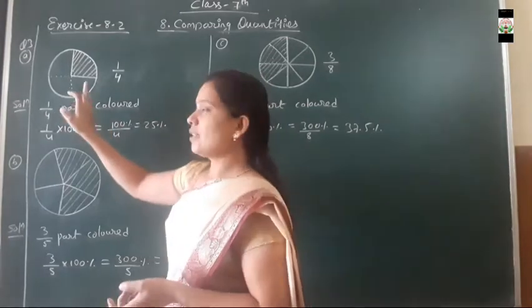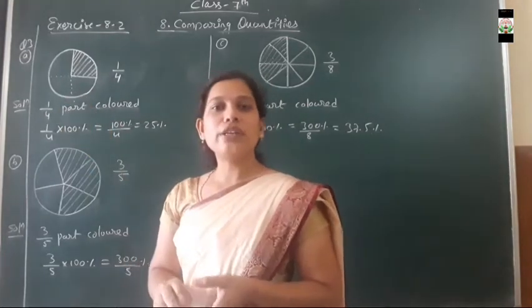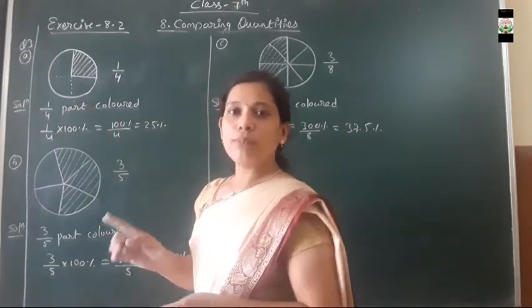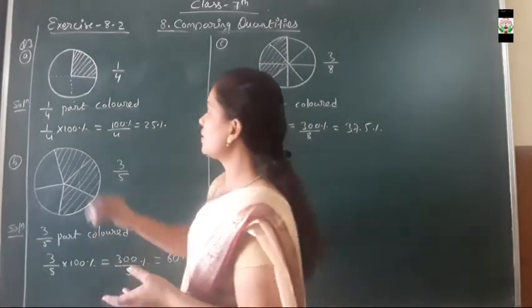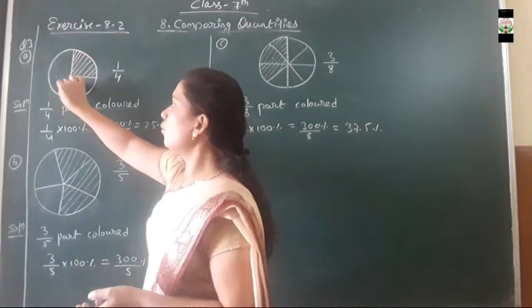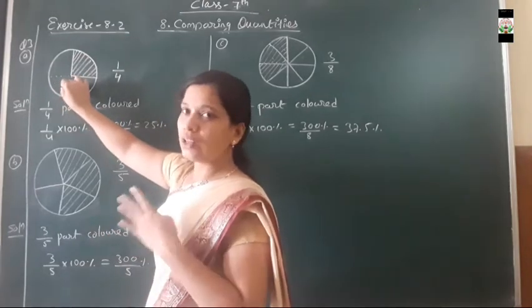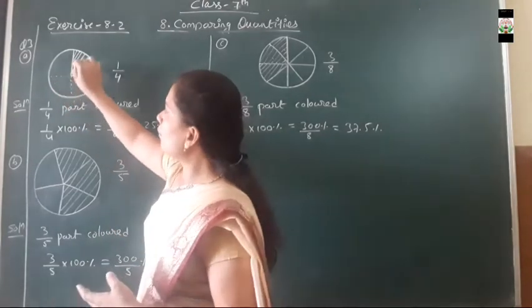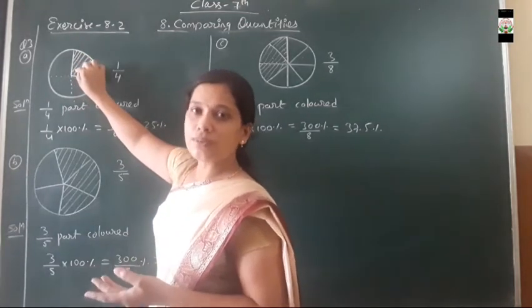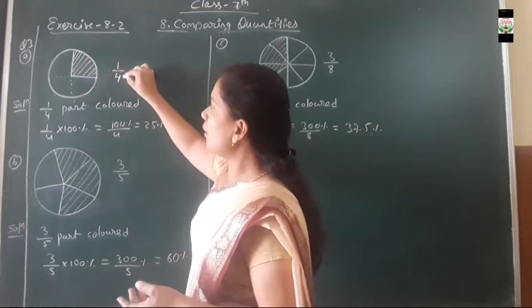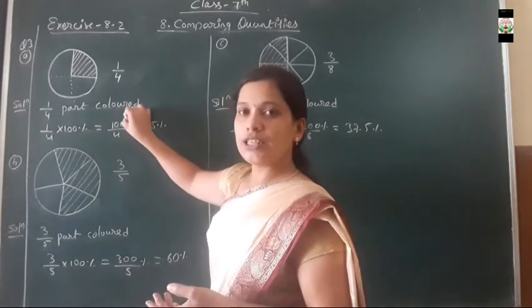As we know the circle is divided into 4 quadrants, so 1/4 is the first quadrant, second quadrant, third quadrant, fourth quadrant. So 4 total quadrants will come in the denominator, while one quadrant is colored, so that becomes the numerator. So that's why 1/4 part of the circle is colored.